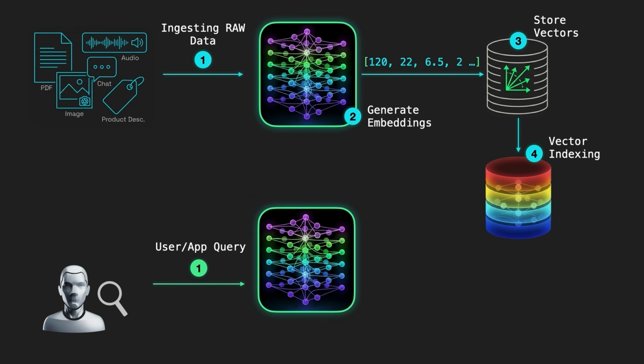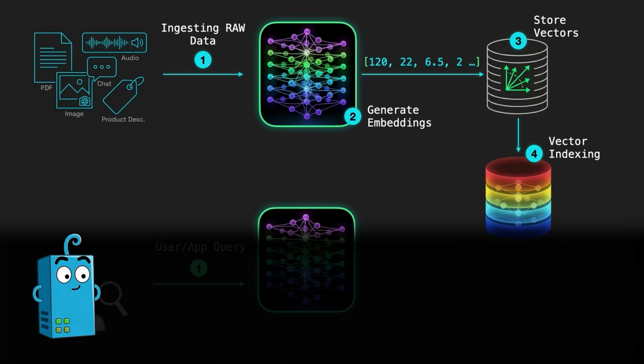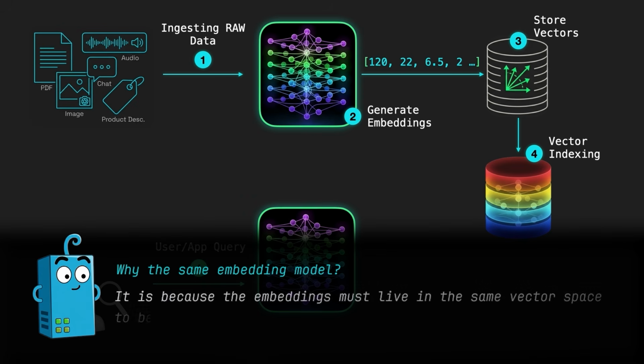We pass that query through the same embedding model. Now, I want you to pause here for a moment and think, why the same embedding model? It is because all the embeddings must live in the same vector space to be comparable. That is why we need to use the same embedding model here.